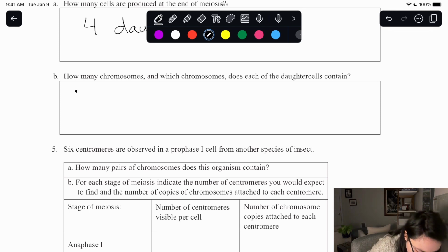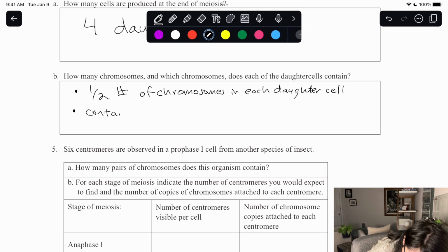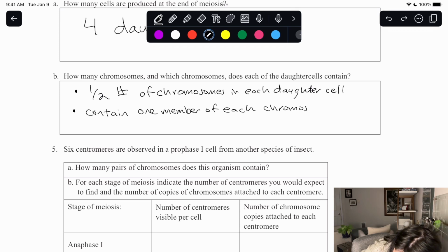Half the number of chromosomes in each daughter cell, and they contain one member of each chromosome pair found in the parent cell.